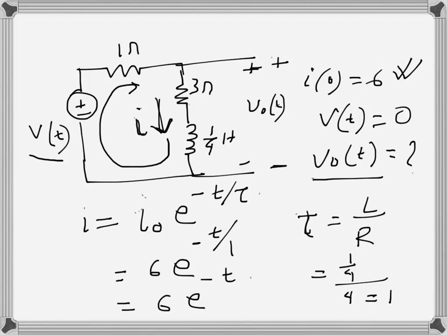Now we need to find the expression of voltage, which is not only across the inductance but across the resistance as well. First we need to find the voltage across the inductance. We know voltage across inductance is given by L di/dt.